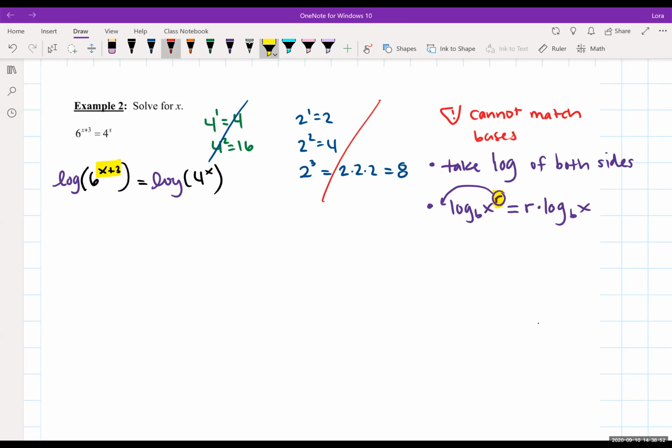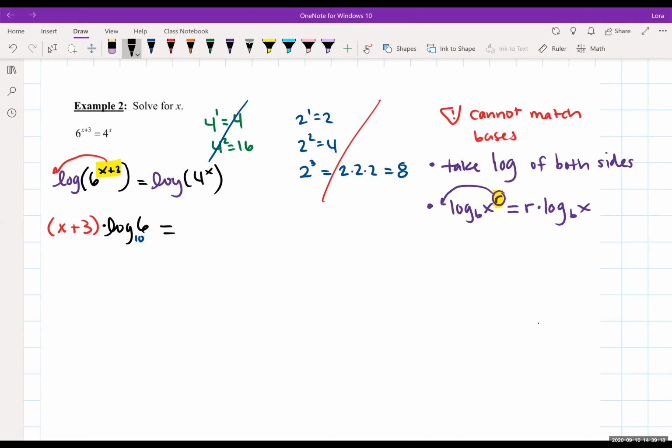This x plus 3 comes around as a coefficient to the front of the log. So x plus 3 is multiplied by log of 6. And if it's helpful to you, feel free to write the base in, to remind yourself that it's base 10. I didn't, but I'll do this now.